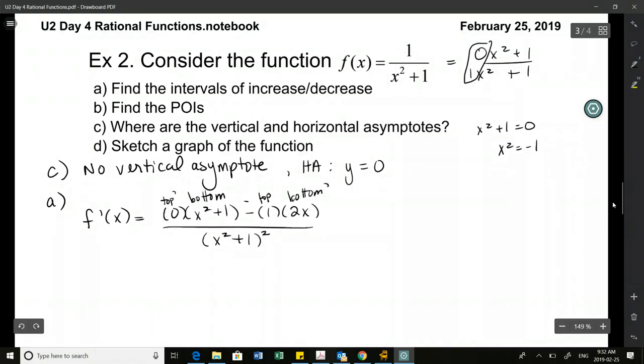Good? Over bottom squared. Ryan? Yeah, this is quotient rule. Okay, so this whole term on the left here, that's just gone, right? Because it's being multiplied by 0. So I'm actually just left with -2x over x squared plus 1, all squared.